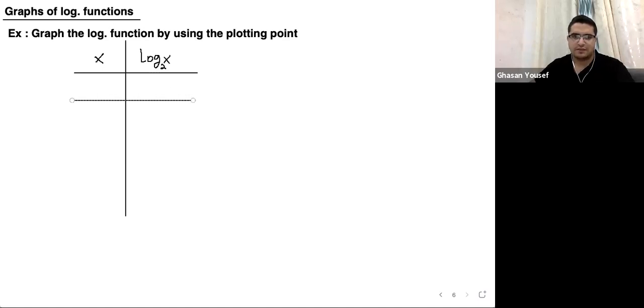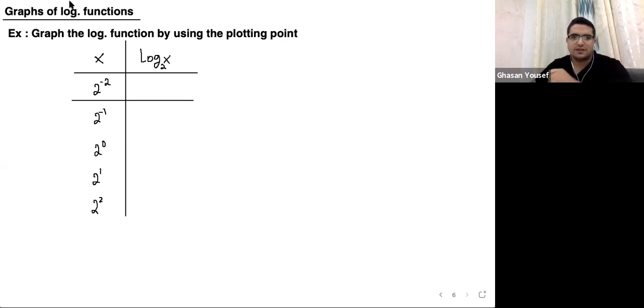Because the function is a logarithm and I don't have a calculator, I'm supposed to choose good points. So I will use 2 to the minus 2, for example, 2 to the minus 1, and 2 to the power 0. Why do I use 2? Because I have the same base 2, and 2 to the power 1, and 2 to the power 2.